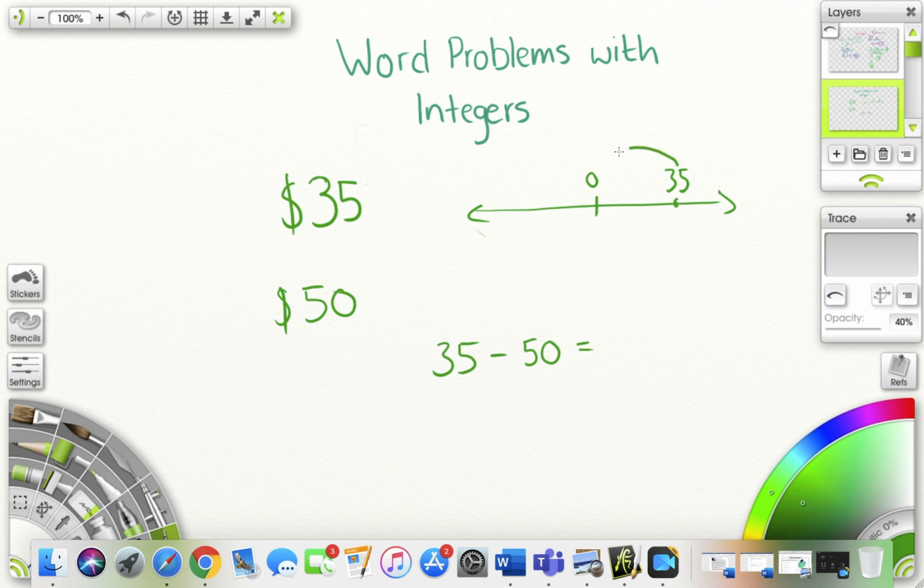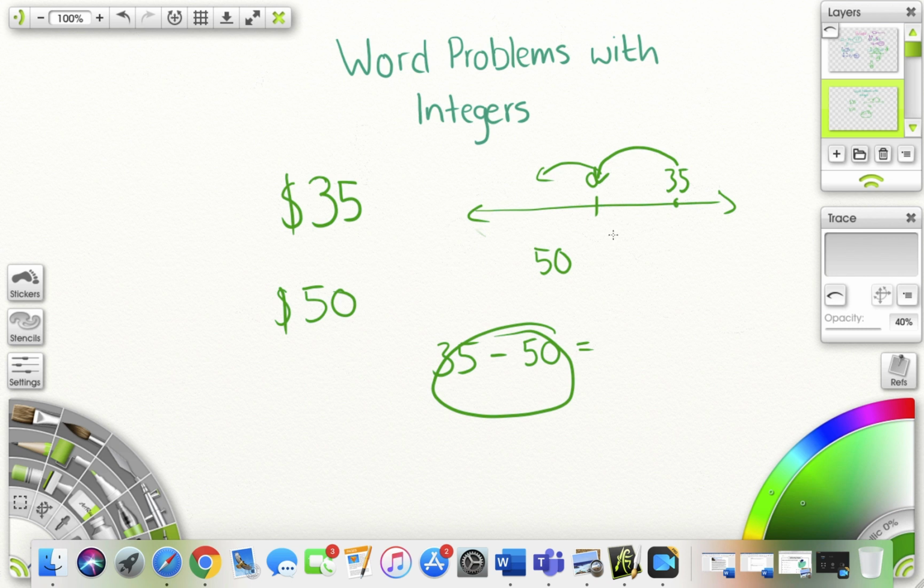So I'm going to spend over $35, so I'm going to be in the negative range, meaning I'm spending more money than I have in my account. And this is actually true. You can do this. However, it's not really a good thing to do. All right, so 35, I am taking away $50. So 35 minus 50, I take my 50, I'm actually just going to reverse these numbers.